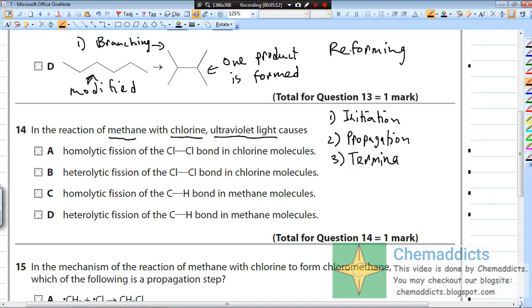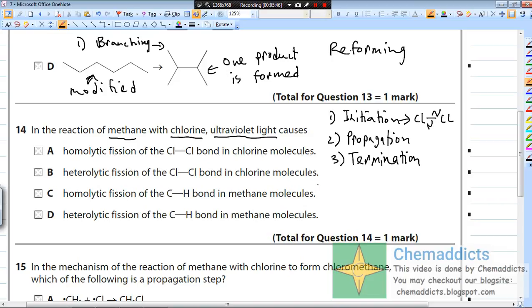So there are three steps for this mechanism. Here, chlorine at first breaks down in the ultraviolet light. In the initiation step, ultraviolet light causes the chlorine to break the bond homolytically. So this chlorine bond breaks homolytically.